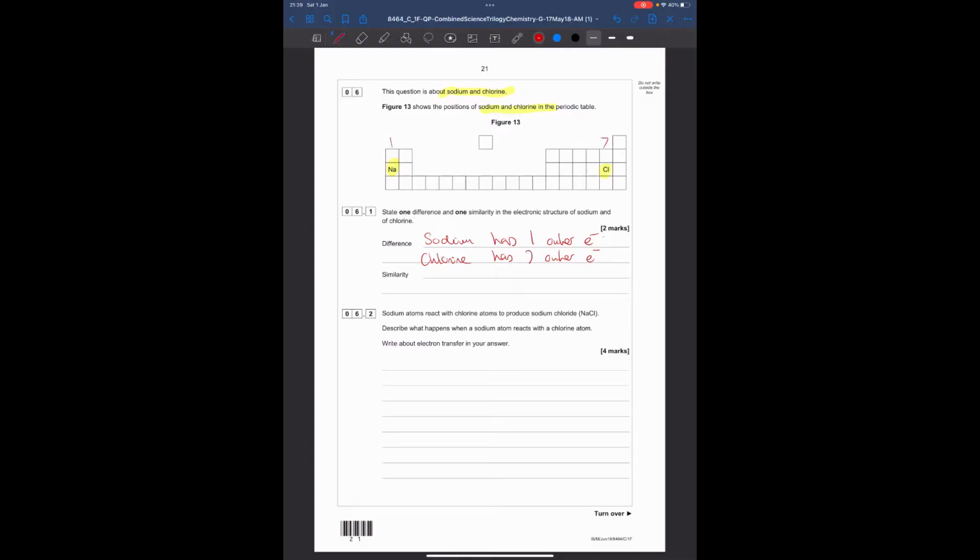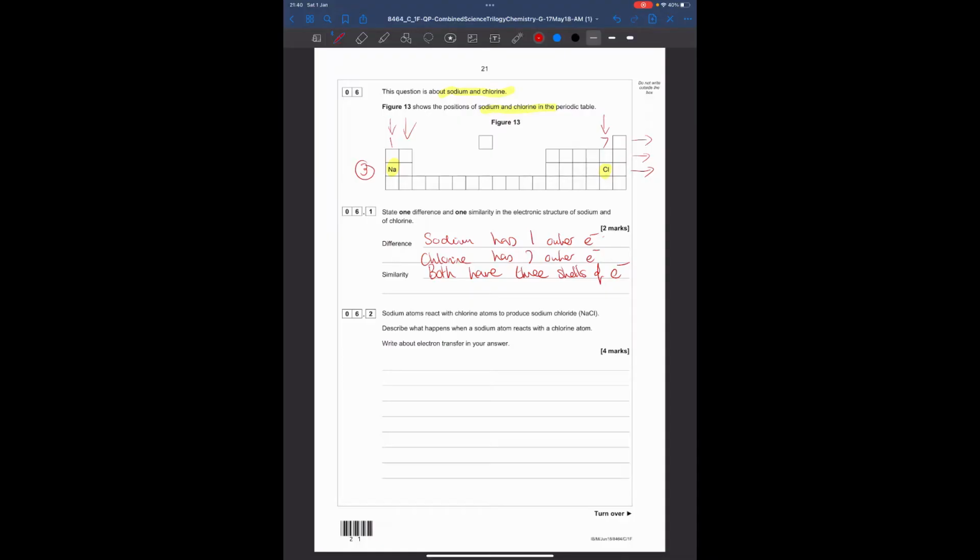A similarity though, well, we can see although they're in different groups that are going down, they're actually in the same period. Now the periods show how many shells there actually are. So they're both in the third period, so they would both have 3 shells of electrons. The only difference being is how many electrons there are in the outer shell.